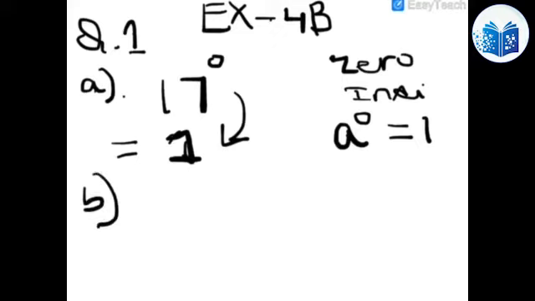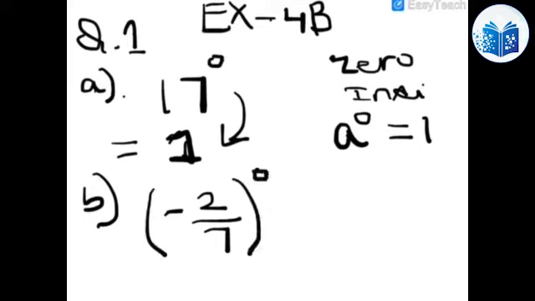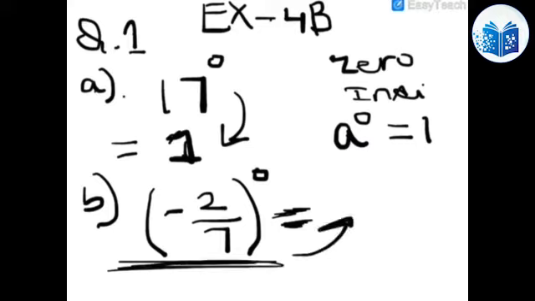Now B, minus 2 over 7 whole power 0. I'm sure you know the answer. When the power is 0, the entire thing will turn into 1. That's question number 1B. Okay.